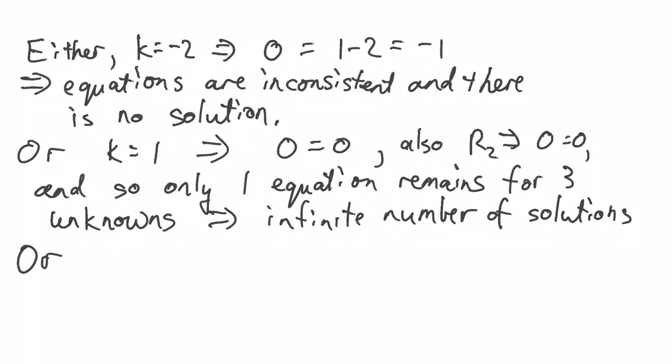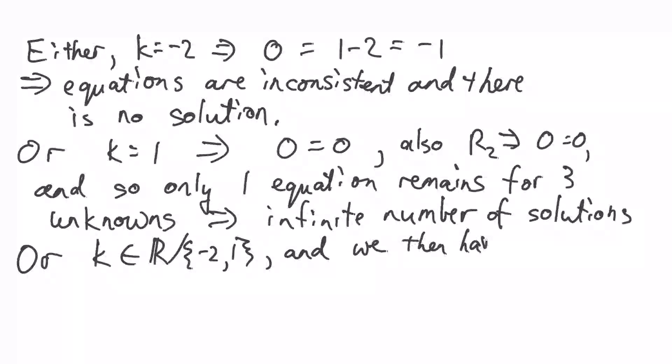And so the final possibility: k equals 1 and k equal to minus 2 are the two special values, but k could be any other value. So k is in the real numbers minus {-2, 1}, and then we have 3 non-zero equations and 3 unknowns, and hence a unique solution.